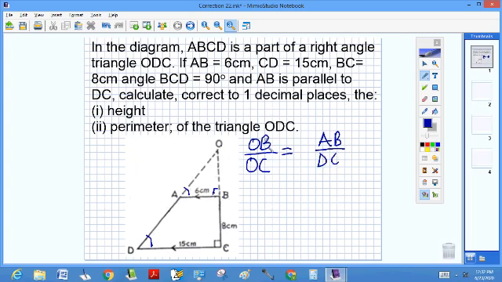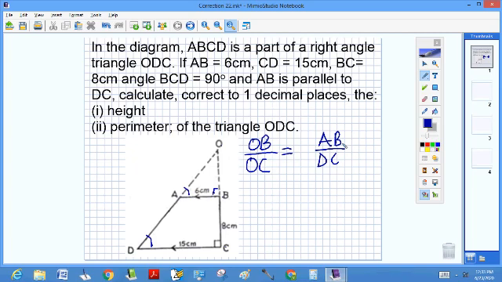This is the ratio of corresponding sides, OB over OC, and also AB over DC. So this is a constant, and we can use it to find what we are looking for.